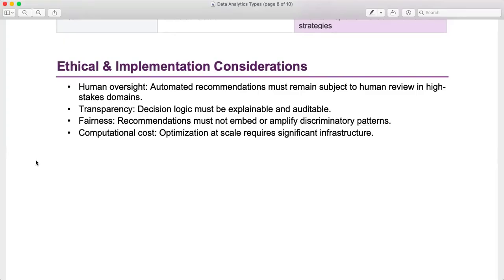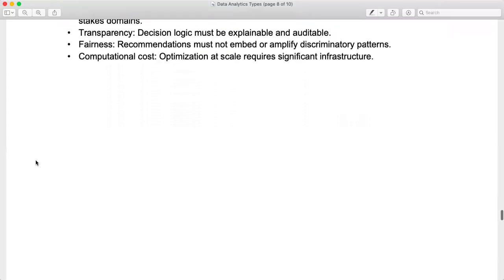Then transparency: the decision logic must be explainable and auditable. Whatever AI or decision support system has given you the solution or strategy, it must be explainable, or it can be audited later on. Fairness and communication costs are also very important implementation considerations.